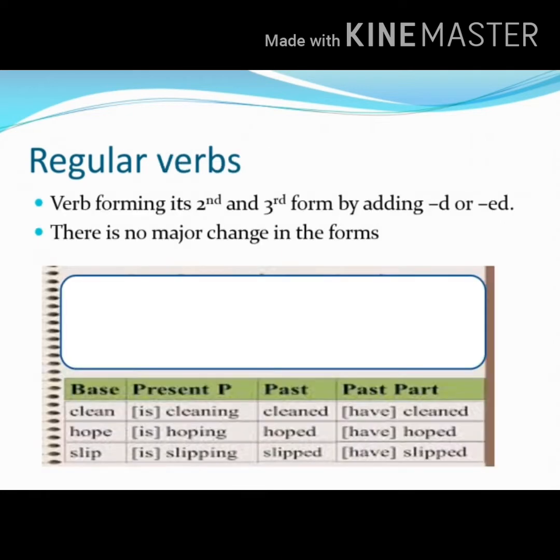In regular verbs, we change the base verb into the second form, that is past, and the third form, that is past participle, by adding d or ed. There is no major change in the forms. Here is a table in which we can see that the base verb is clean. The past form of clean is cleaned, and the past participle form of clean is also cleaned.